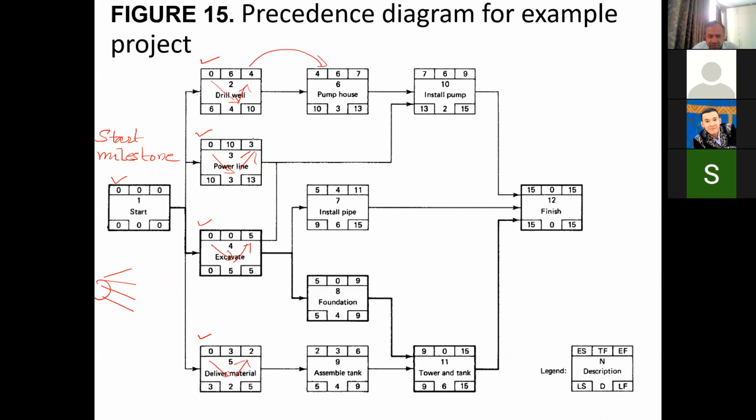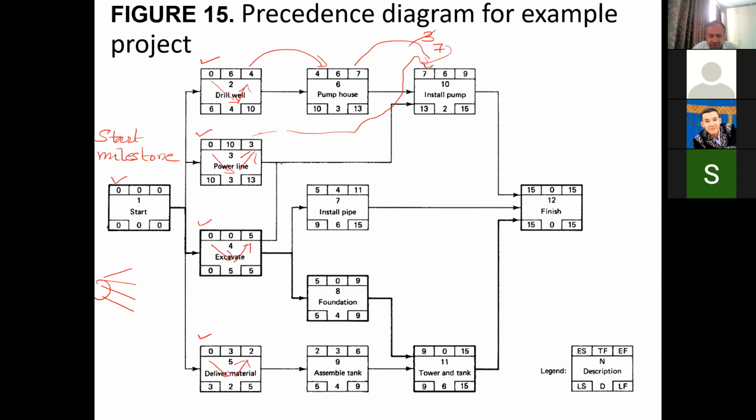This 3 should be going here, but this 7 should also be coming here. So now we have 3 and 7. Out of 3 and 7, we will take 7, the higher value. So 3 we will not take. This 7 will go here.